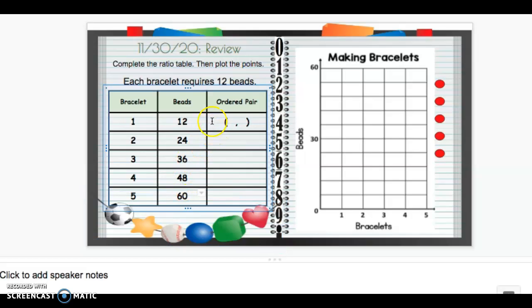Okay, so now we have to create the ordered pairs so we know what to put our points on the grid that we have. So you're making bracelets, and you have beads and bracelets.